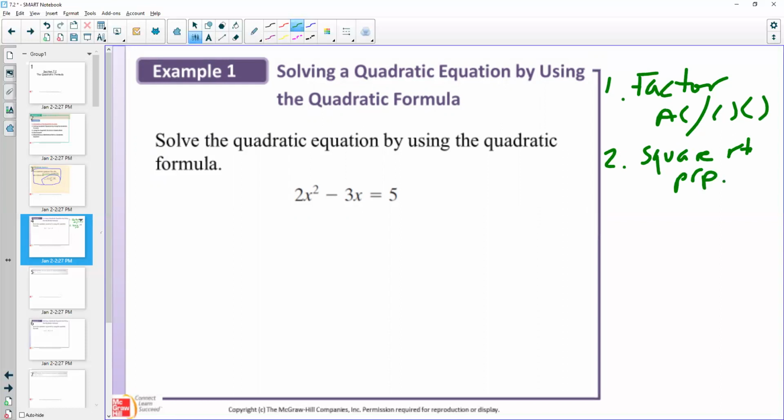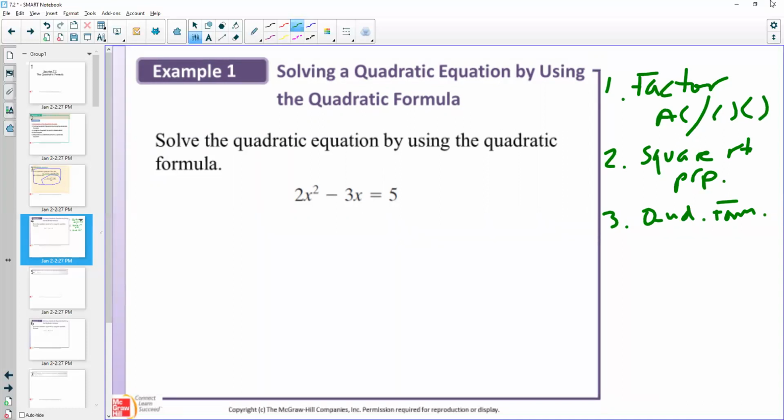I would say after that, I would use quadratic formula, depending on what I'm trying to do. There will be cases later on in the semester where we need to move that around with the square root property or completing the square first. So that being said, we're going to try this one.